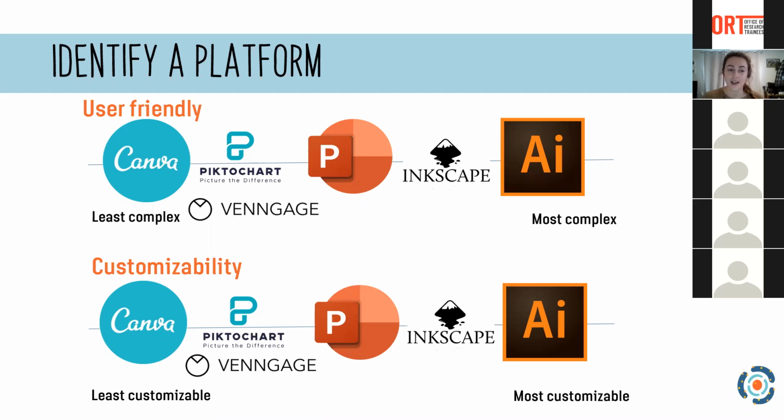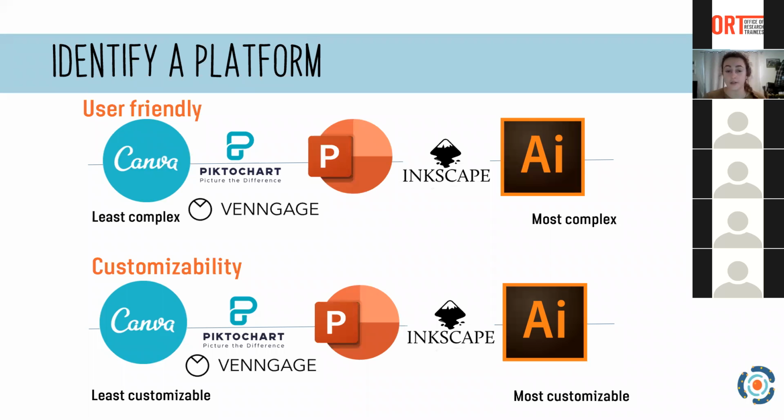I'd just like to highlight that as you move from something that's very low complexity for user friendliness to most complex, you also move with customizability, but that might not be exactly what you need. So think about the types of platforms that there are. Things like Canva, Piktochart and Venngage are really great for drag and drop, and there are some paid features where you can customize a little bit more. Of course, PowerPoint's a great tool.